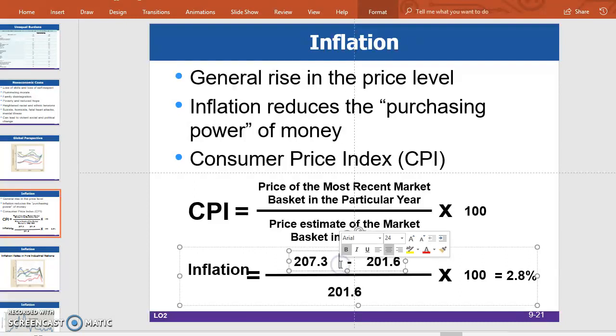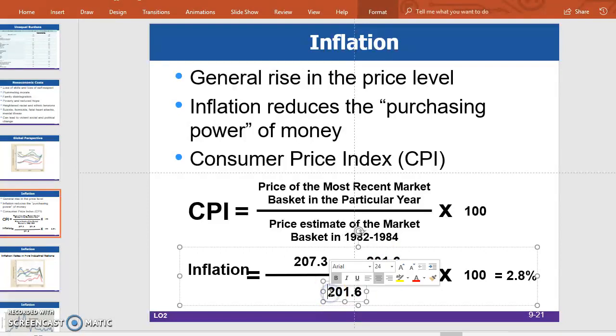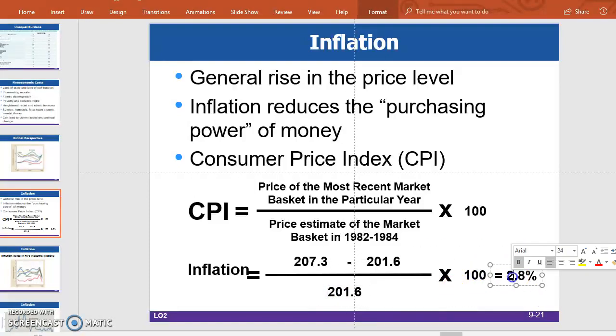So suppose this is the CPI in 2003, and this is the CPI in 2002. The percentage increase in CPI between 2003 and 2002 we measure as the difference between the two CPIs divided by the CPI of 2002, and then multiply by 100, giving 2.8.